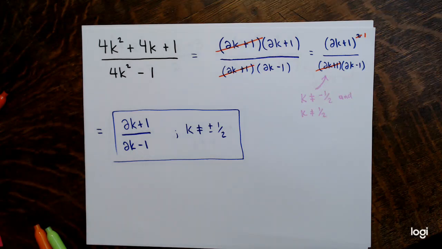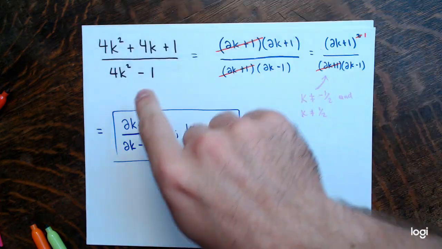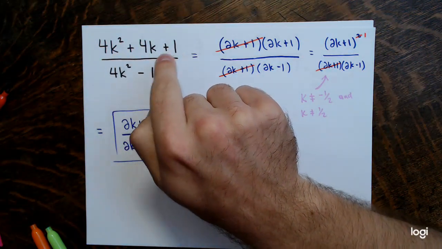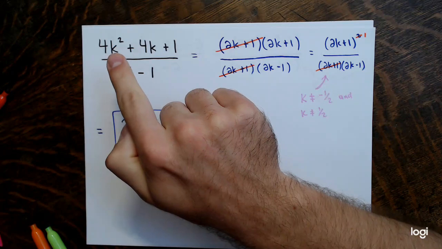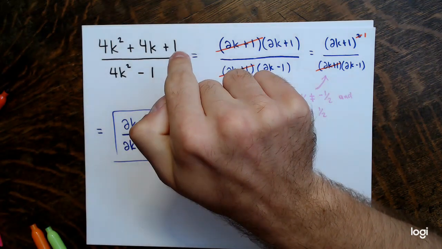All right. Now my last few examples here have some. So far, all my polynomials have been written in what they call descending order, where your highest power of the variable is first, then the next highest power, k squared, k to the first, and then none of it.